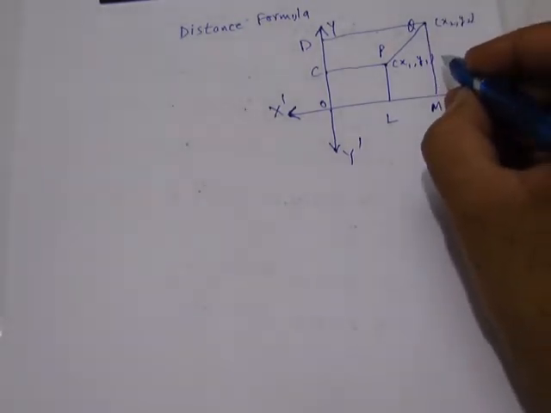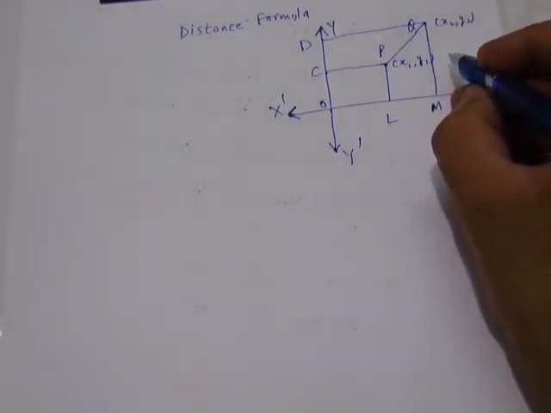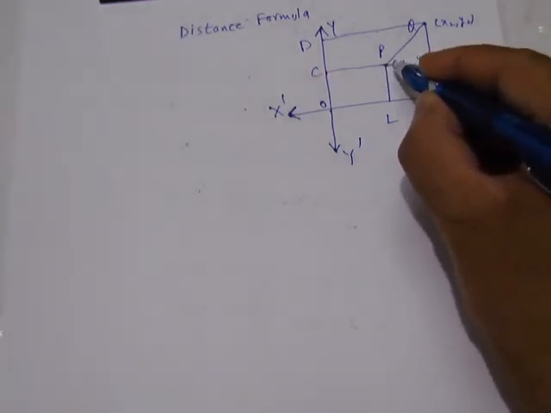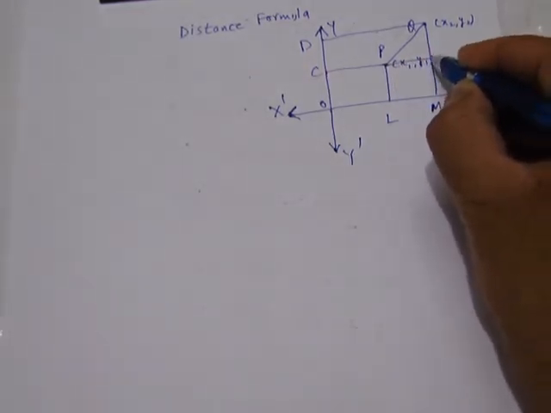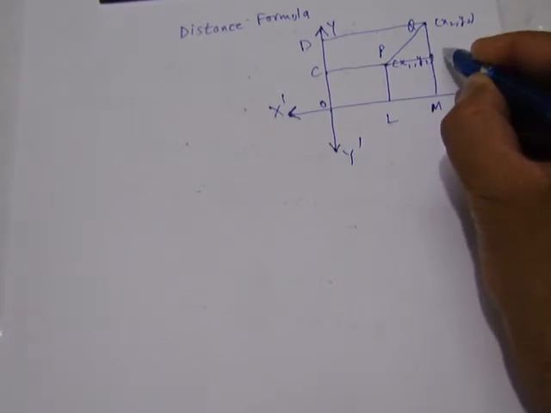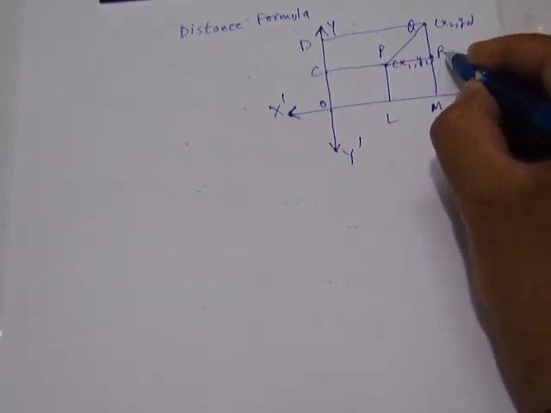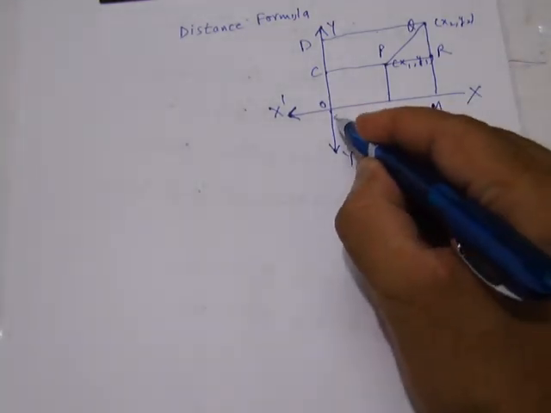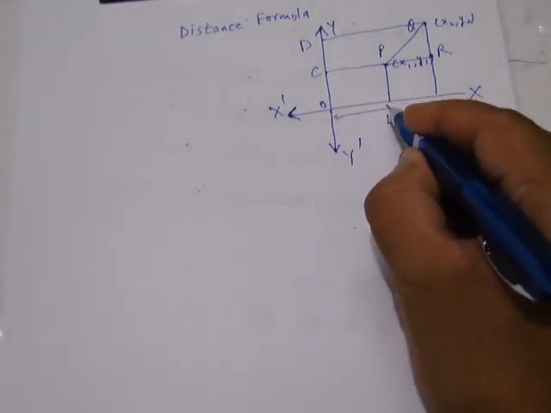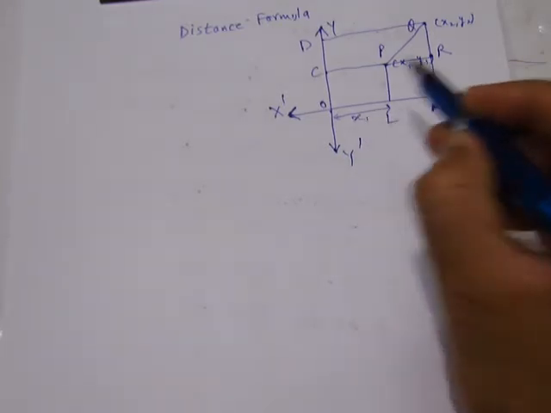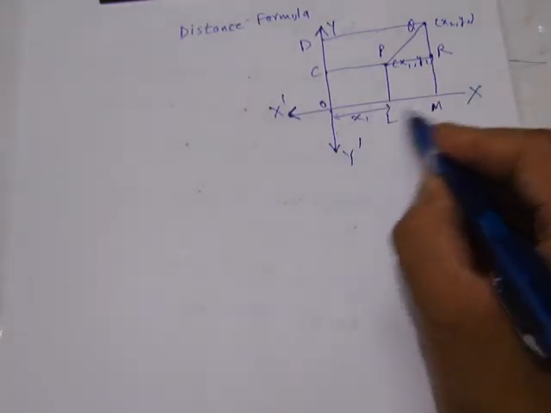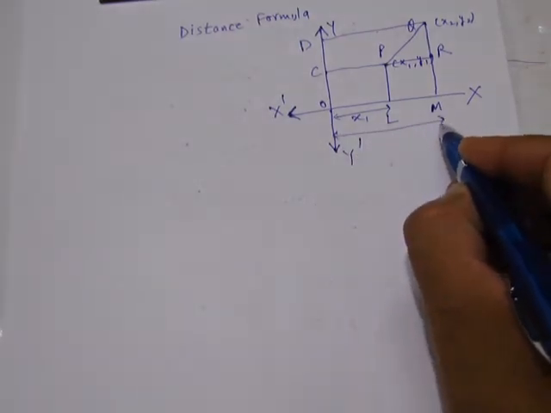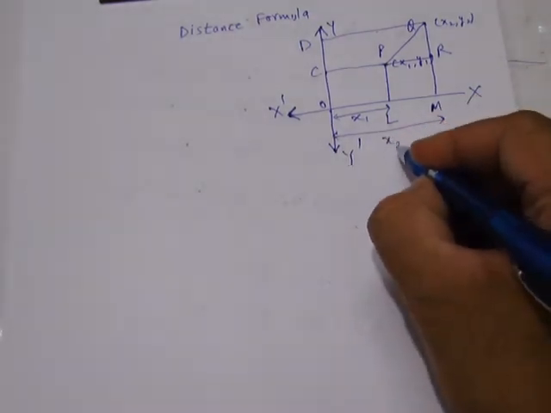So in order to find the distance between these two, we will join this and extend this further to this point. Let us name this point as R. Now if you notice, OL is x1 and OM, from here to here, is x2.